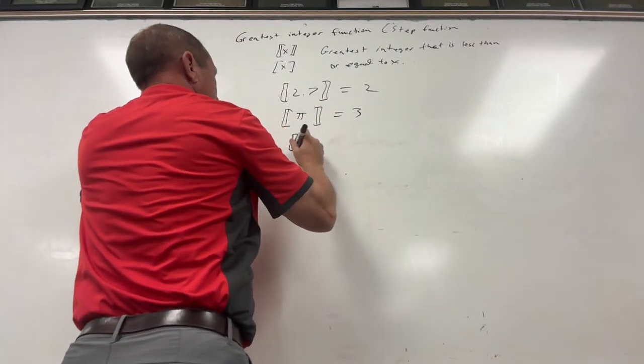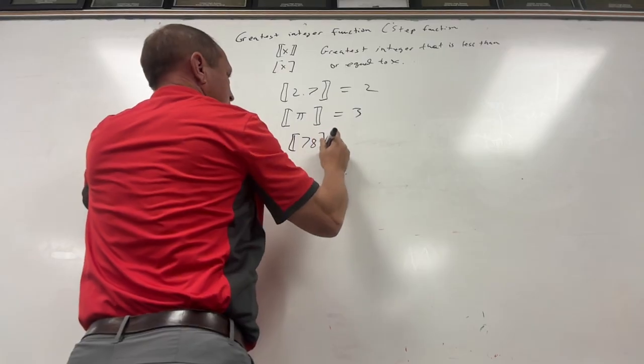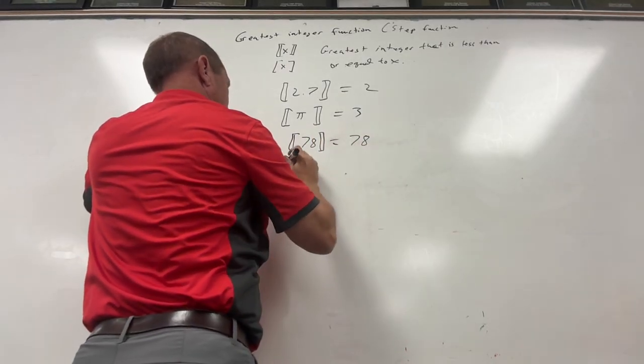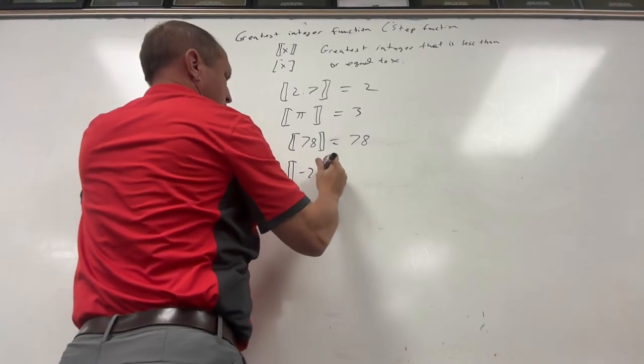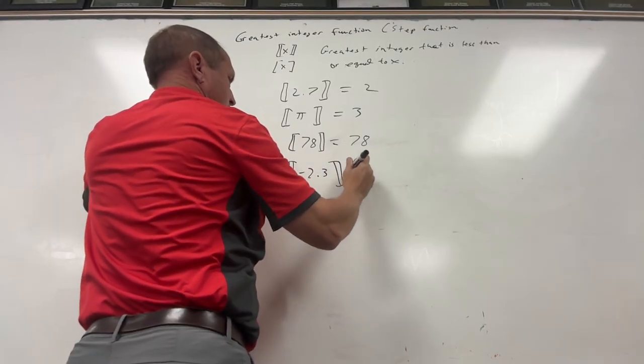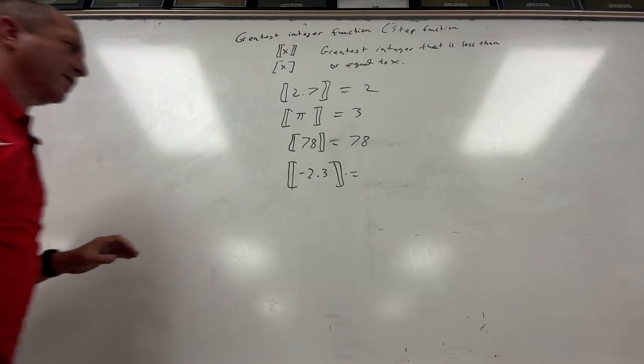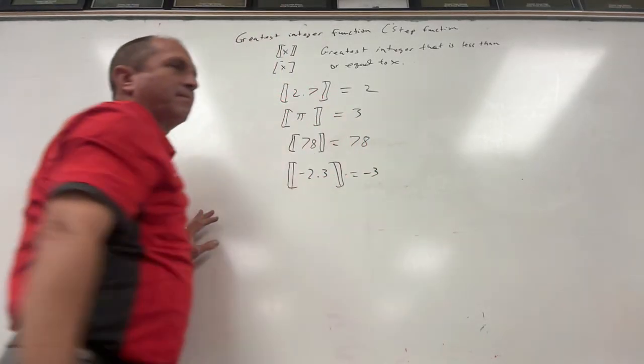For 78? 78. Negative 2.3? Negative 3. Yeah, it's negative 3. Got to be careful with the negatives.